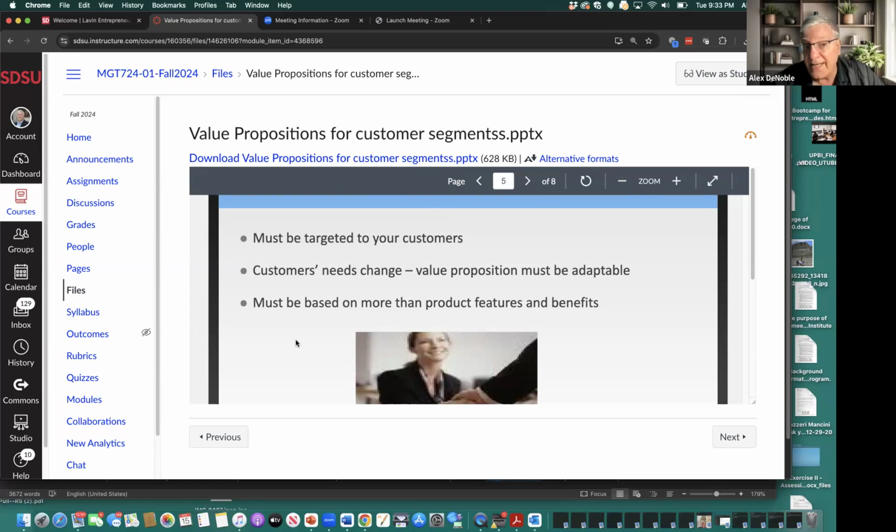But also understand that second bullet point is very important. Customers' needs change, and therefore, over time, your value proposition must be adaptable to those changes.